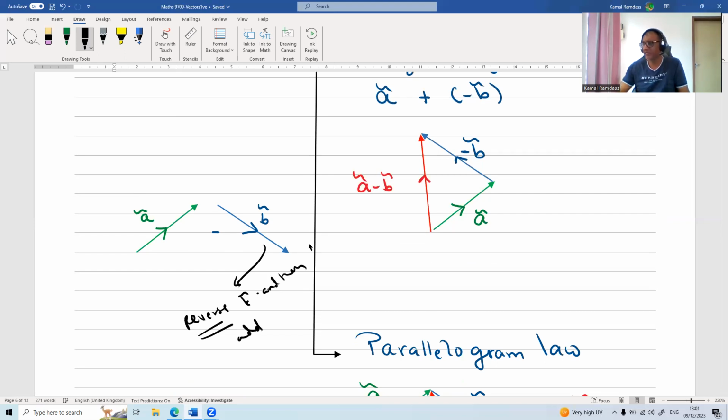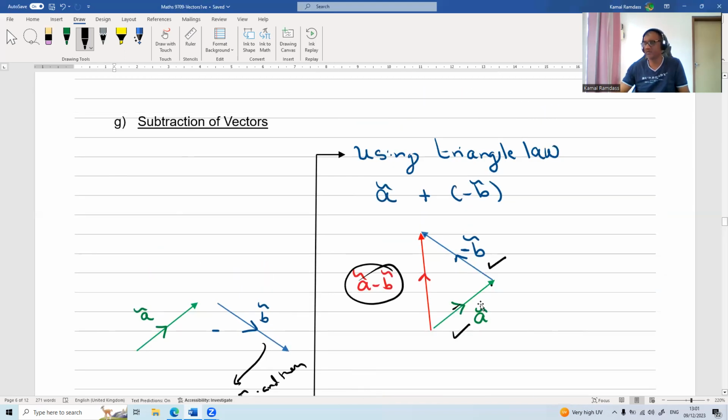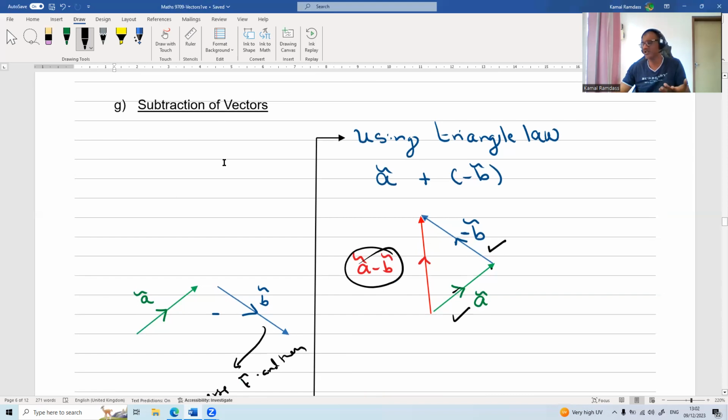Here is A bar, then I take and reverse B bar, we call it minus B bar. Then we do the head-tail method, OK? And this is A bar minus B bar. This is the triangle law of addition too, because subtraction is addition with a negative vector.